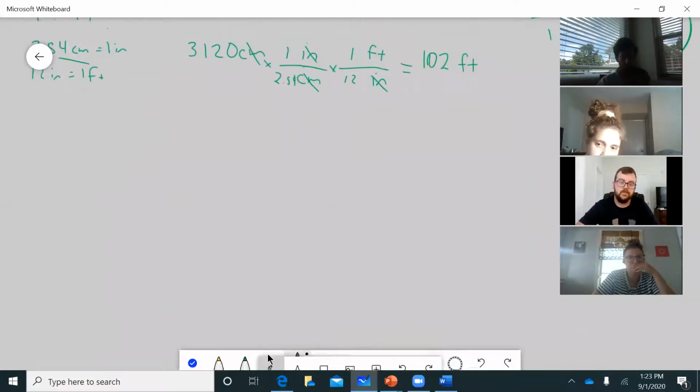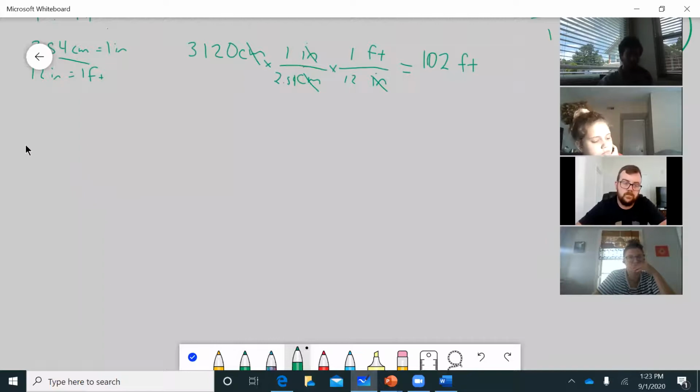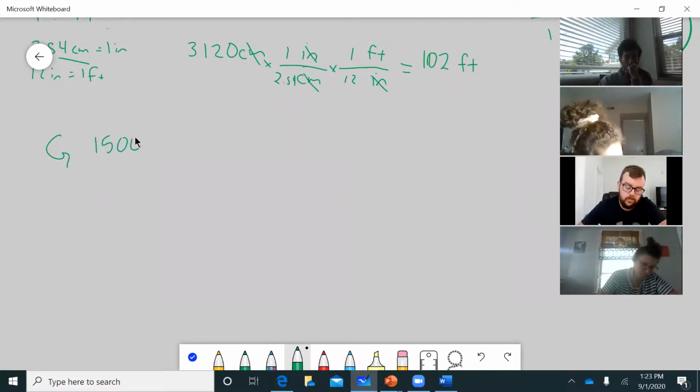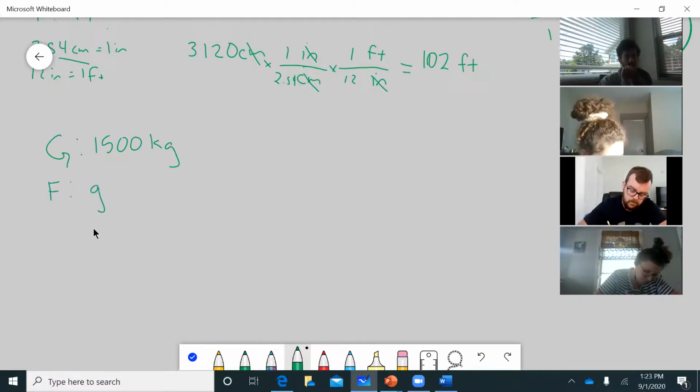Let's say that we are given 1,500 kilograms, and I want you to find grams, okay? So you can solve this however you want. You can solve it in dimensional analysis, or you can solve it hopping if you prefer to do that. I'll do both of them at the end.